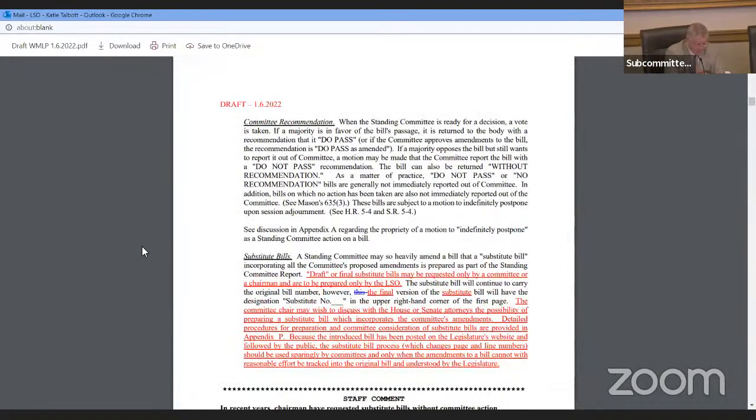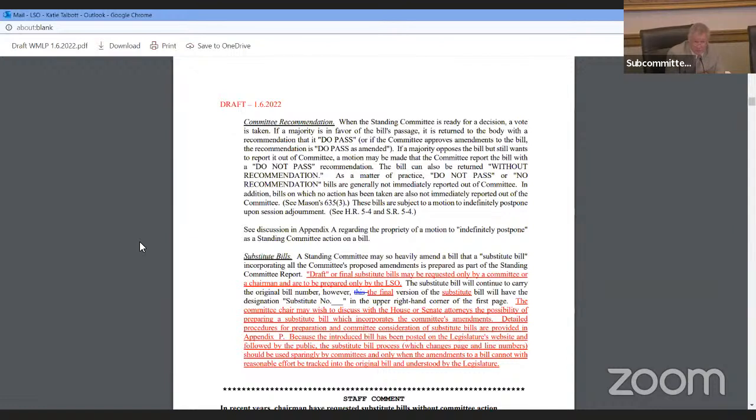the first paragraph, there's a suggested amendment. And this deals with bills which the committee takes no action on or passes with a without recommendation motion. And the rules are a little bit unclear on this, Mr. Chairman. I shouldn't say unclear, they don't specify. If a bill fails or no action is taken on the bill, then the rules are real clear.